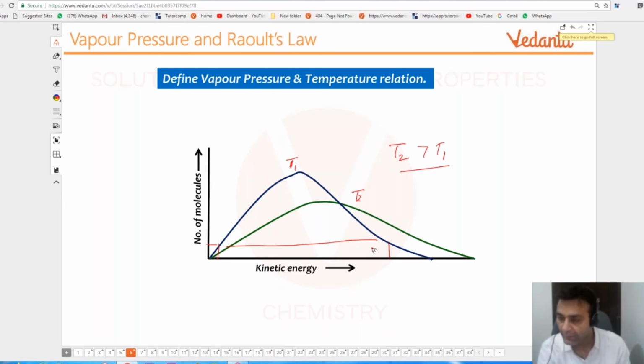Suppose in a container, a very small fraction of molecules have very little energy, and the number of molecules having very high kinetic energy is also small. Is this point clear?